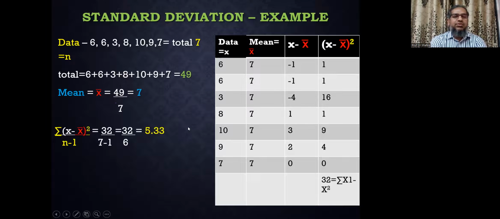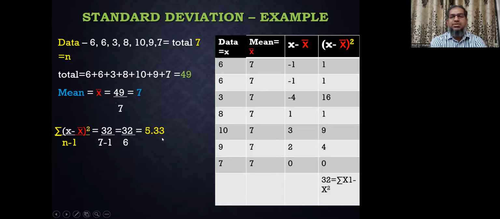Now we know the formula for calculation of the standard deviation. First we have to find the mean of the summation. The summation we have got, its mean is calculated by dividing it by the sample size. So x minus x bar squared divided by n minus 1, because the sample size is less than 30. So n minus 1 should be taken as the denominator. So 32 is the sum of squares, divided by 7 minus 1, which is 6.